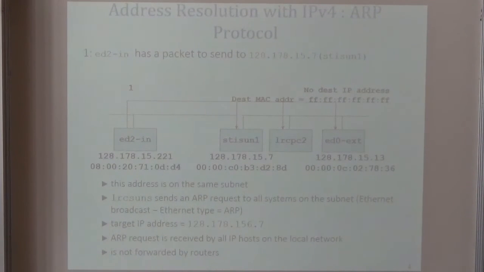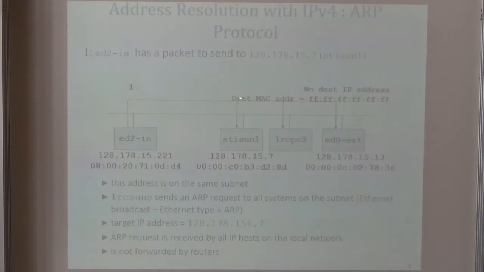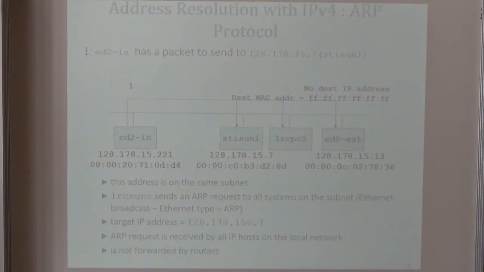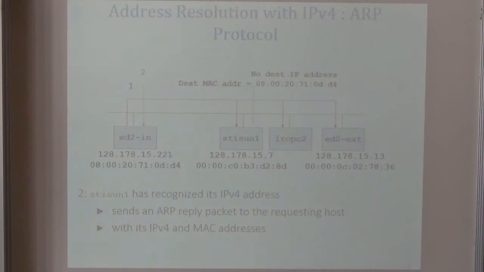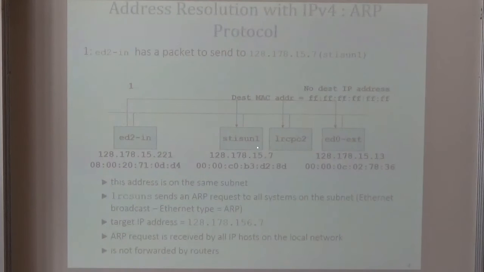So when we will do Wireshark, we will find that it doesn't have an IP header. It is encapsulated in a MAC frame, of course, and the destination address is the broadcast address in the local area network. So there will be a packet sent here. Of course, it's sent to everyone. Now, everyone will receive it, and inside the ARP, there is the question, what is the MAC address of the IP address, which is here?